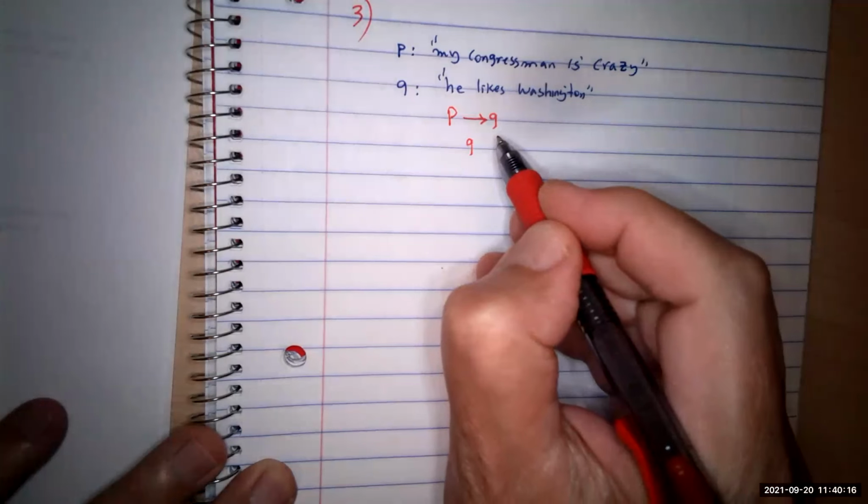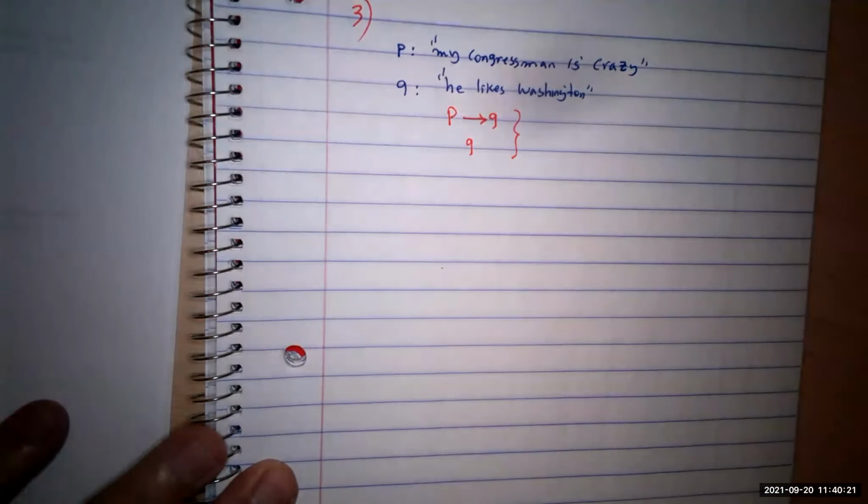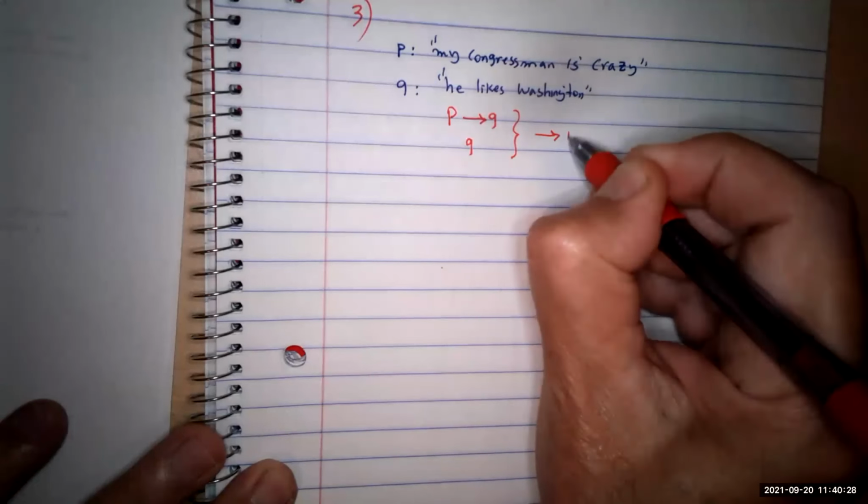This means Q. And then the conclusion is going to be, therefore, he must be crazy. So this means P over here. Everything's all right. So if he's crazy, that's a P. If he's crazy, he likes Washington. That's the one. The second part, he likes Washington, which is going to be Q. Therefore he must be crazy.